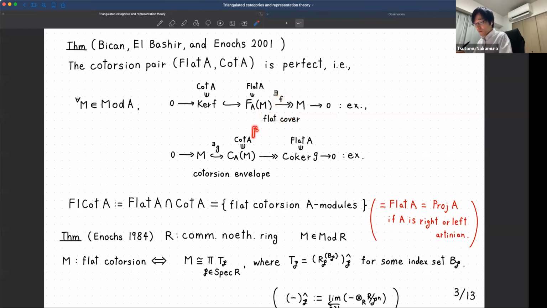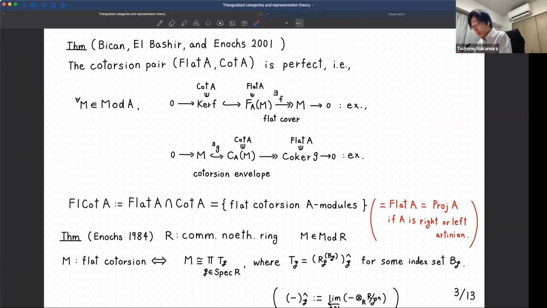And if we consider such a lifting map for F, then any lifting map must be an isomorphism. This is the definition of a flat cover. And by Wakamatsu's lemma, the kernel of this map F must be cotorsion. So we do have an exact sequence of this form.